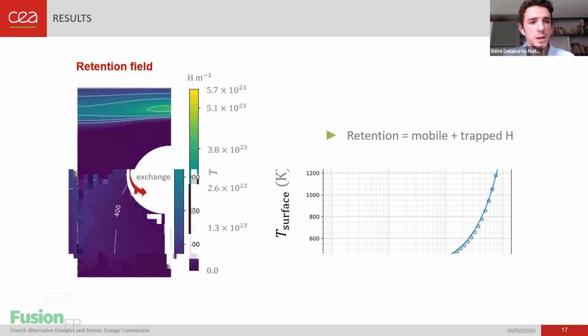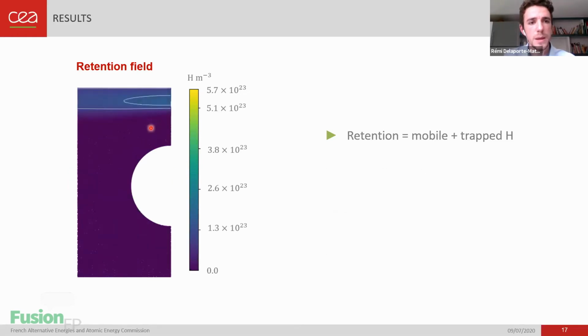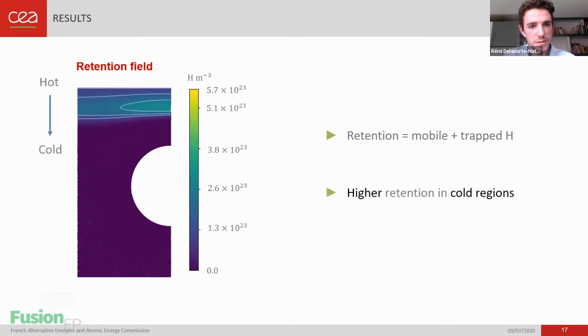First thing we notice is that with time, hydrogen penetrates deeper into the monoblock. But second thing we notice is that we have a high retention zone appearing here. And that is because in this region, the temperature is quite low. It's closer to the one of the coolant. So we have higher retention in cold regions.